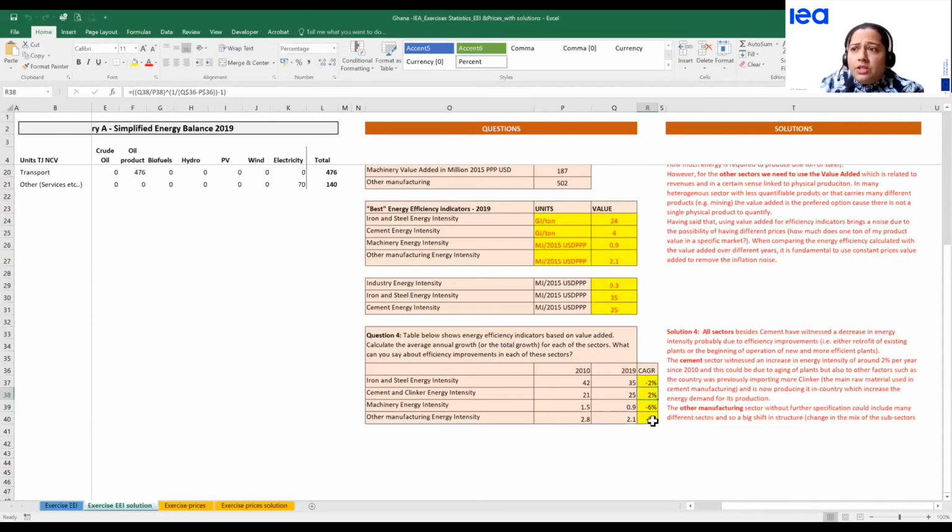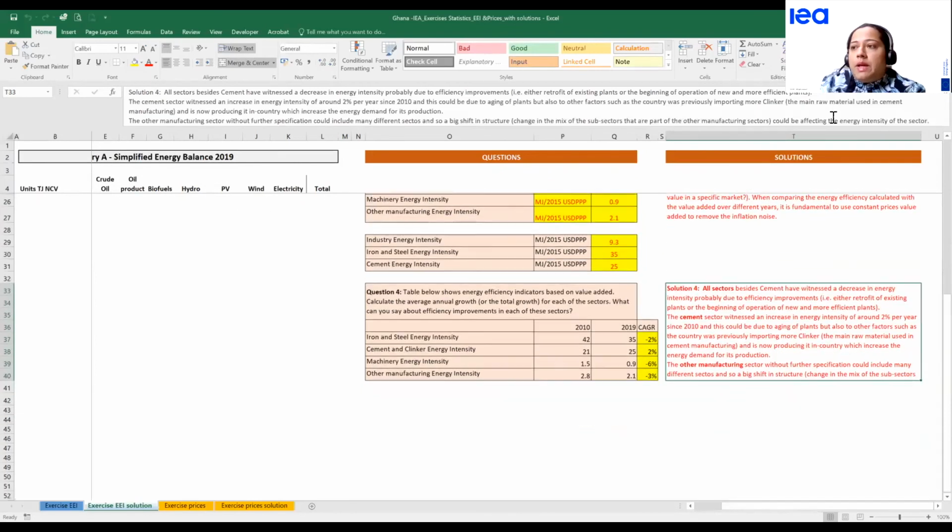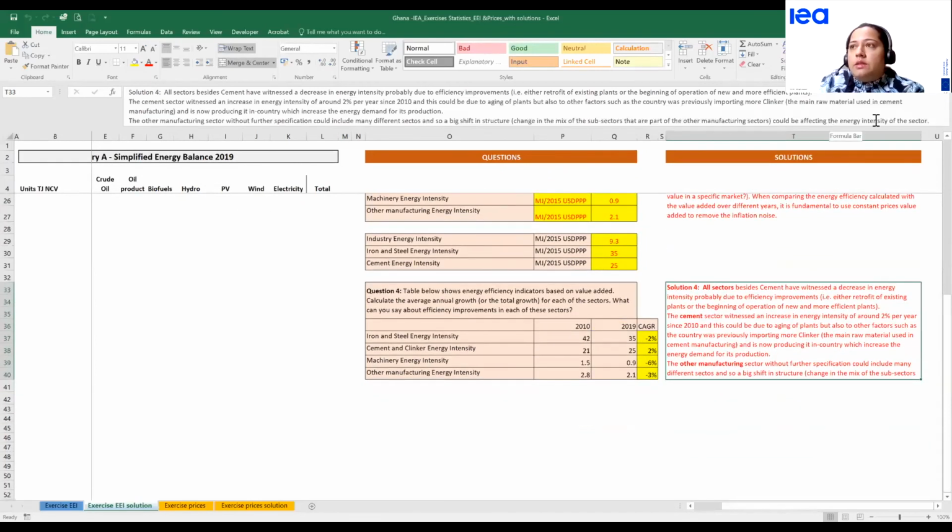For other manufacturing here, without any further specification, it could include many other sectors. So a big shift in structure, that is a change in the supply, in the energy mix, could affect the energy intensity here.